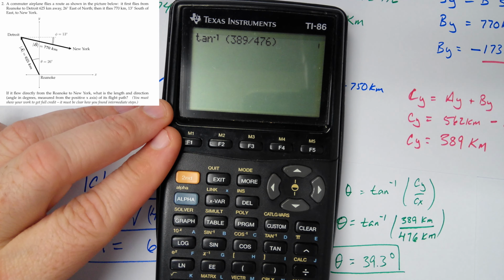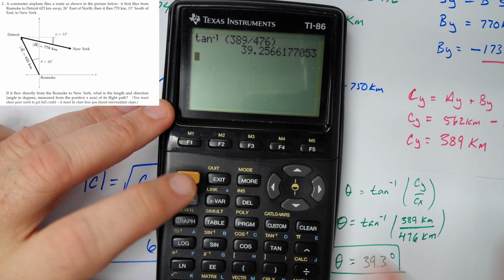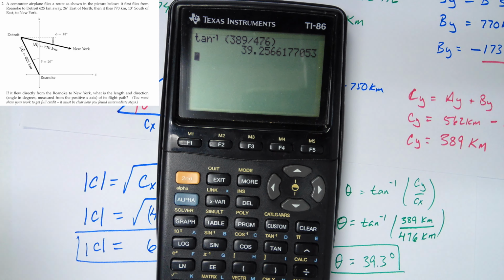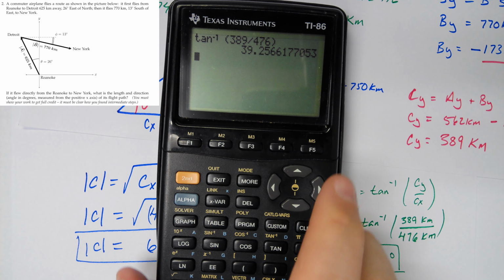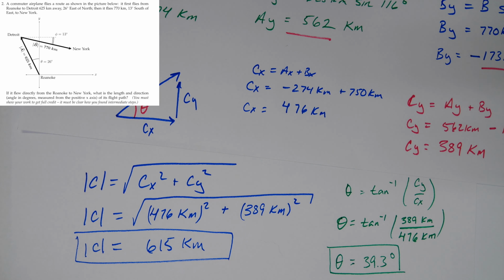Calculate, and I get 39.3 degrees. I didn't check what mode I was in, so I'll check, and I'm in degree mode, so I'm okay with that. And so we get something that works. Let me stick with that calculator for a while. It looks a little better, I think. So that's how we do number 2.